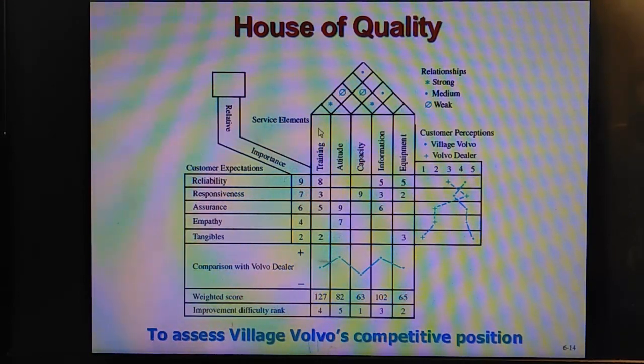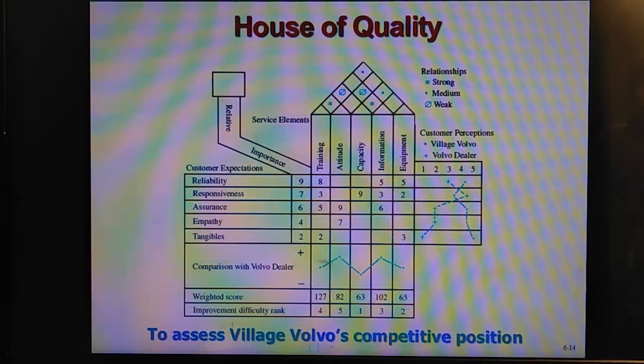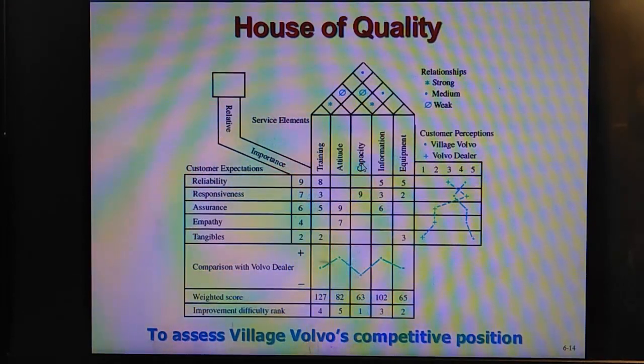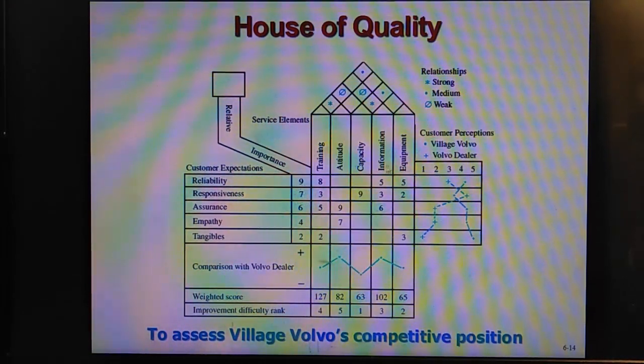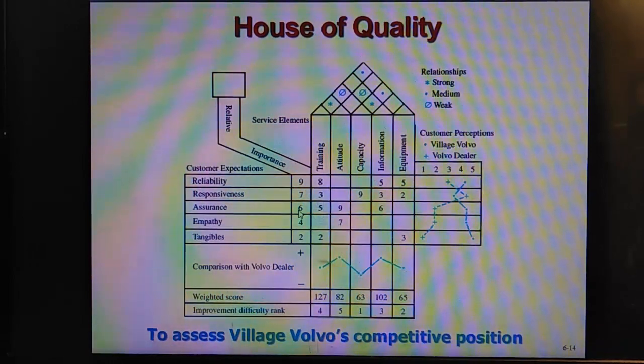Whereas for the service elements, as far as Volvo center servicing, the assessor can put the elements of service needed. For example, the training, the attitude of the mechanic and the service manager or service provider, the capacity of the service provider to give the service, the information provided to the customer, and the equipment, tools, or any supporting gadget that will make the service more efficient.